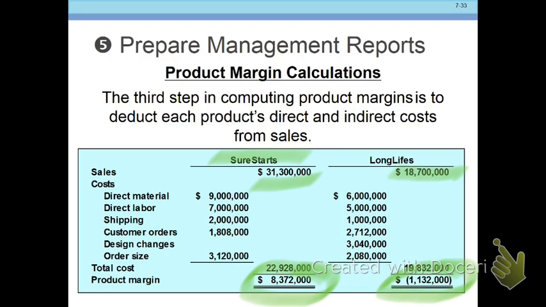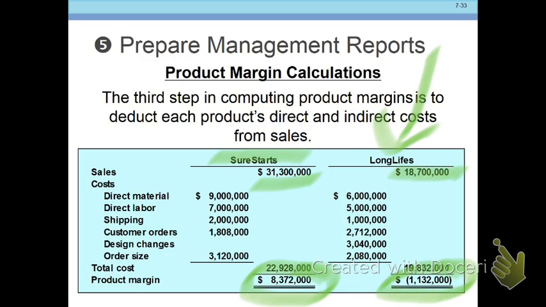What a lot of companies use is this activity-based costing as their competitive advantage. If they can properly account for and cost a product, this company may very well say, you know what, these long life batteries, if our competitor wants to produce those and sell them cheaper than we are, God bless, go ahead, because it's losing us money.